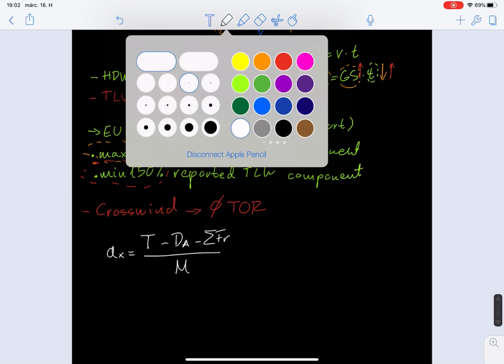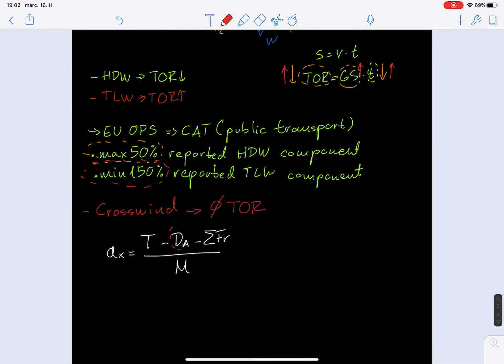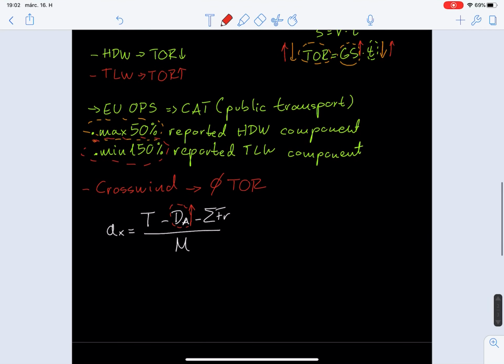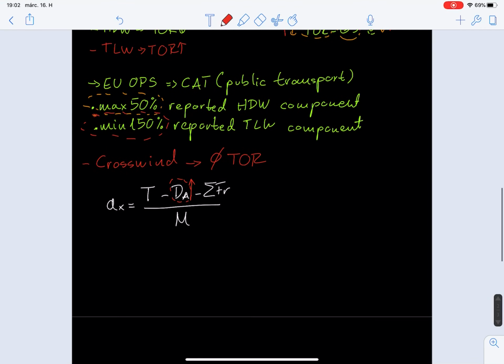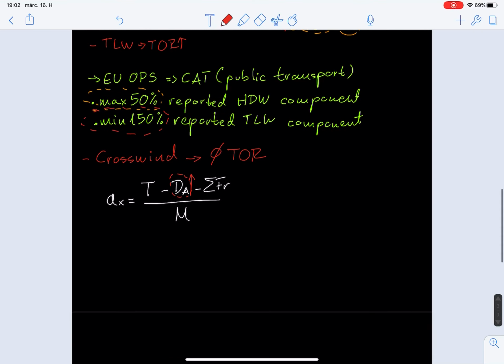And it's very visible that if the aerodynamic drag is going to increase, basically the acceleration is going to decrease, and that means your takeoff run in reality is going to increase.